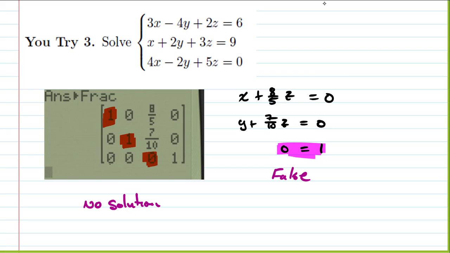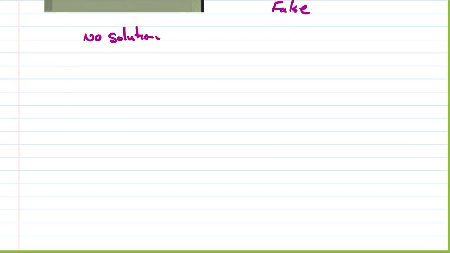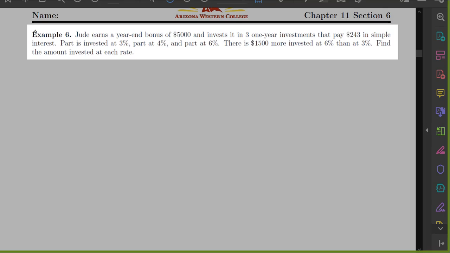If when we reduce the matrix we have all zeros, but the last one is a 1, that gives us the equation 0 equals 1, which is false, and there's no solution. So those are the 3 possibilities that can happen with a linear system. All right, let's take a look at our last example.